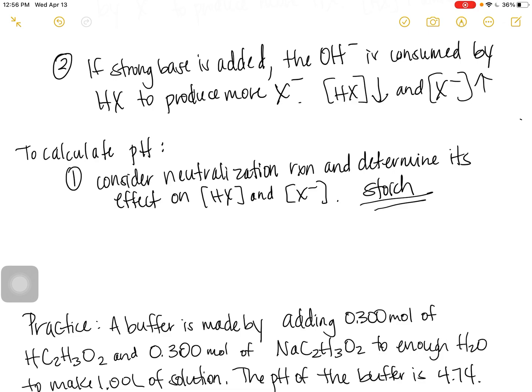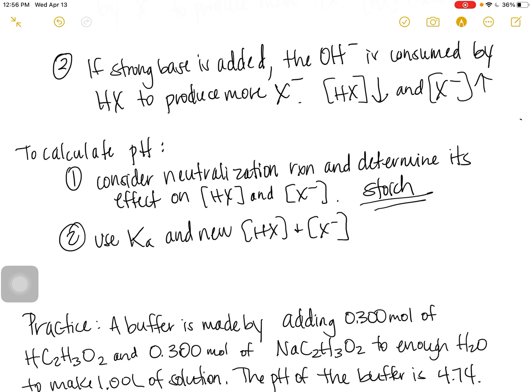This is a stoichiometry discussion. Then the second part of how to process this pH calculation is to use the Ka value of my acid and these new concentrations of HX and X minus, meaning after the neutralization has taken place, to calculate the total H plus concentration and then the pH calculation.